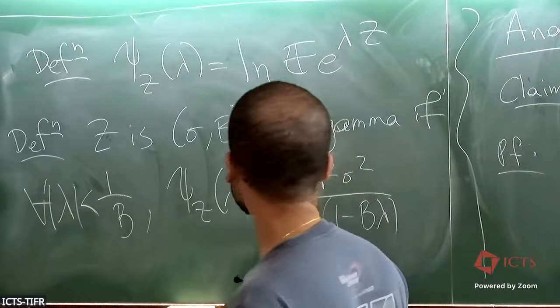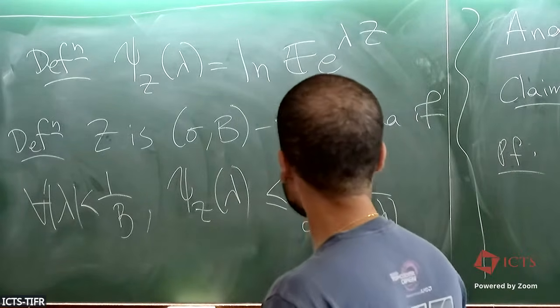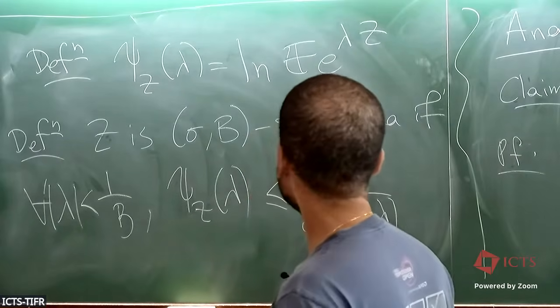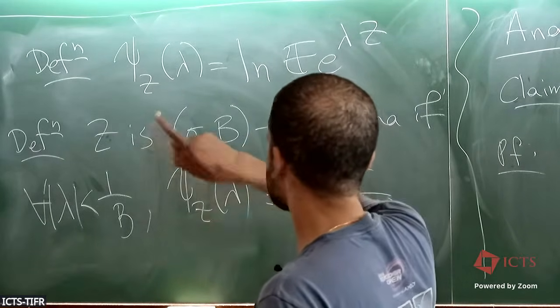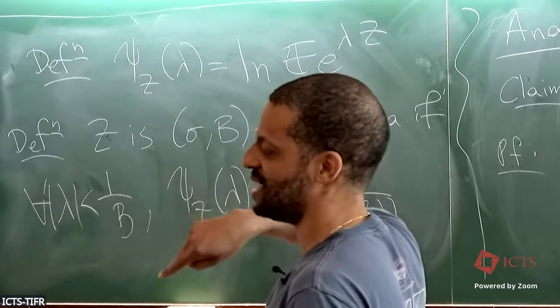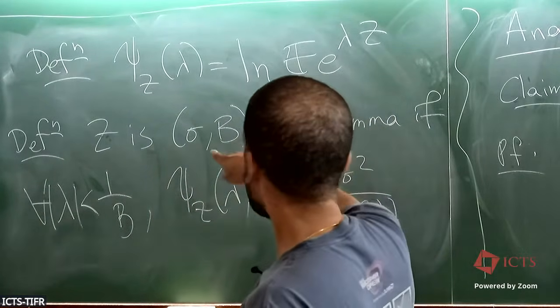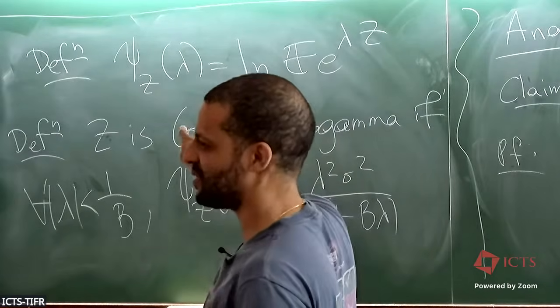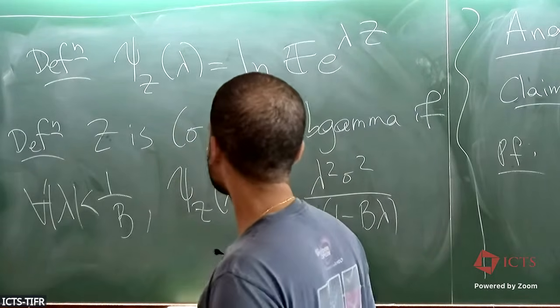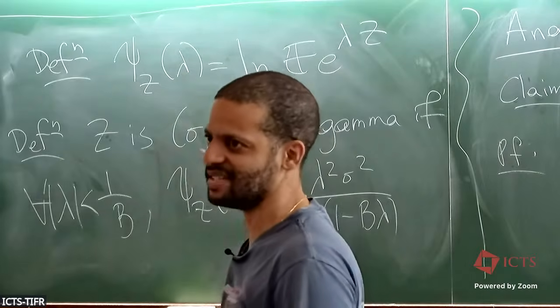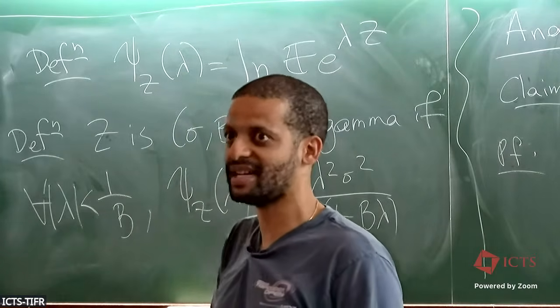The first observation is that if z and z prime are independent, psi sub z plus z prime is psi z plus psi z prime. I think this is called a cumulant generating function or something. The point is this psi function is additive if the random variables are independent.